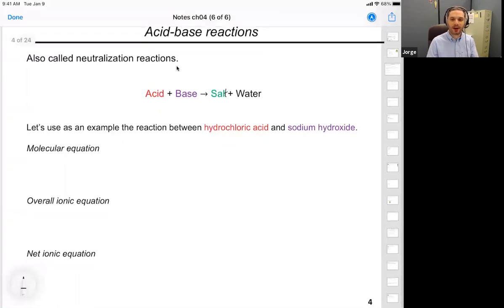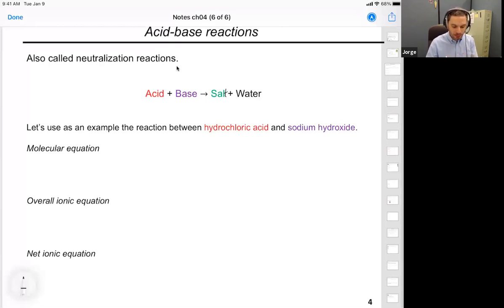And there are three ways to represent an acid-base reaction. The first one is called molecular equation. Second one is overall ionic equation. And the third one is called net ionic equation.